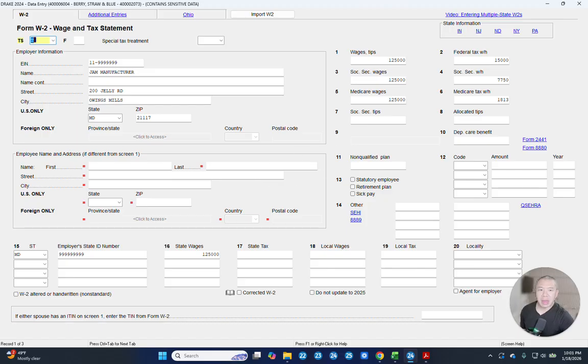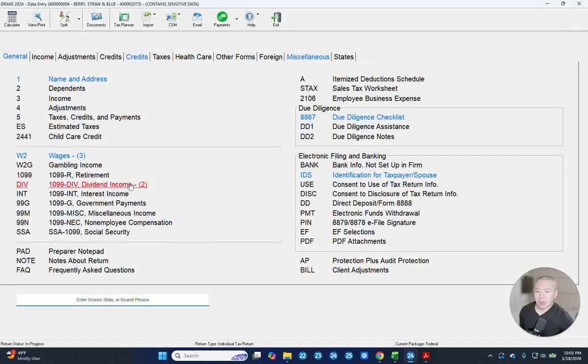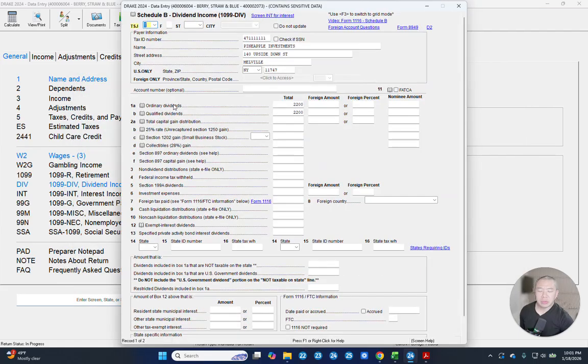You essentially match the boxes: wages, federal tax withheld, state. I made up the state ID number, state wages, and I did that for each of the W-2s. And then, of course, did that for the dividend income, ordinary dividends, qualified dividends, and did it for both of them.